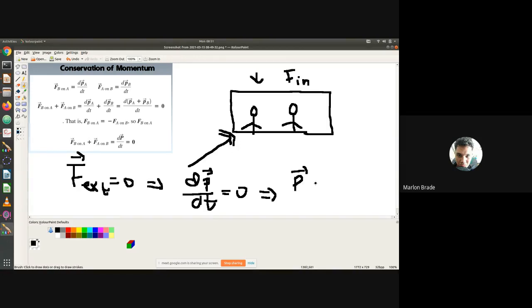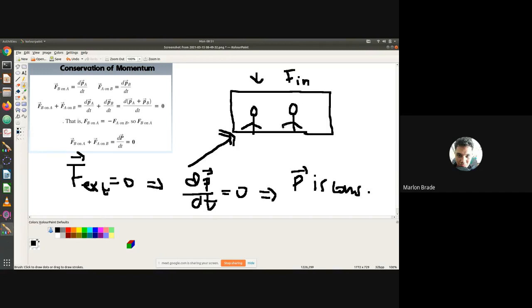Alright? Kay ang derivative sa imong constant is 0 man. So bisag unsa pay mahitabo dire, ang ilahang momentum is constant. Okay? So mahitabo ra na siya kung ang external force sa imong system is equal to 0.